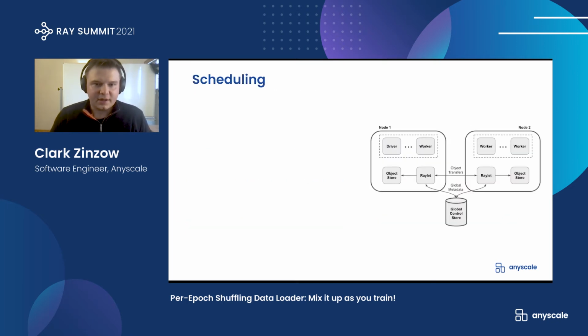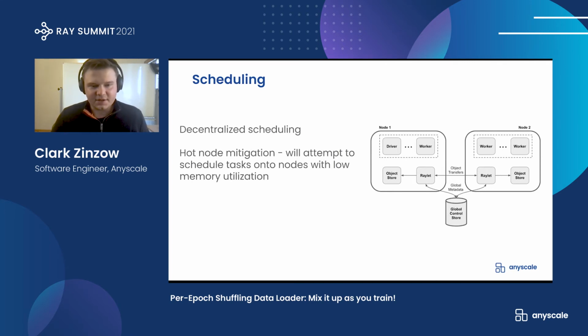And then scheduling. As I mentioned, it's a decentralized peer-to-peer scheduling. There's no global scheduler bottleneck. This allows much larger cluster scales and very high throughput because you don't have that central bottleneck. We also have things like hot node mitigation, where we'll attempt to schedule tasks on the nodes with low memory utilization. And this prevents, for example, spurious out-of-memory errors, which are never fun.